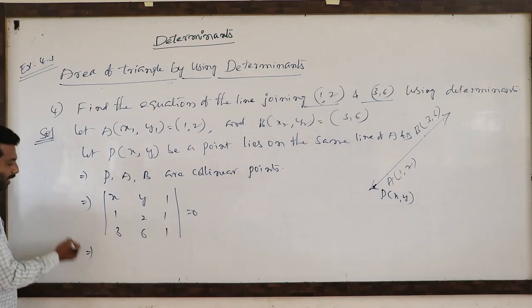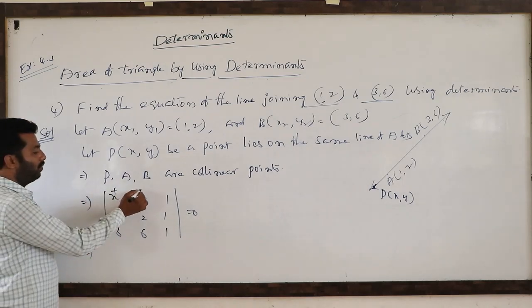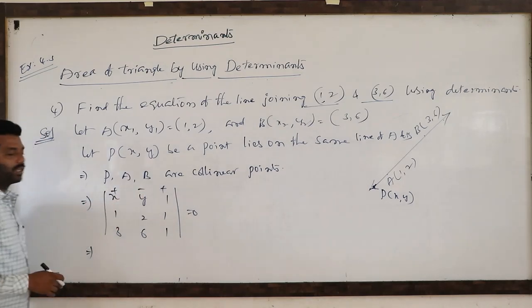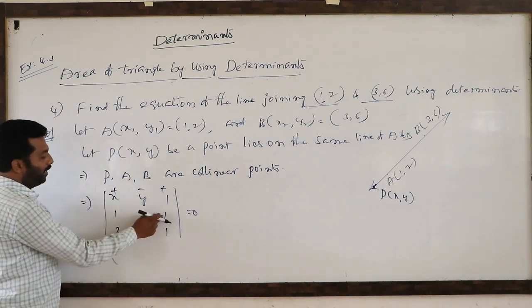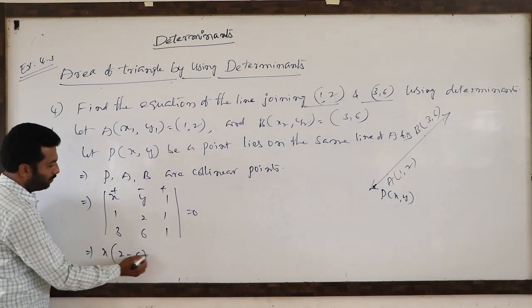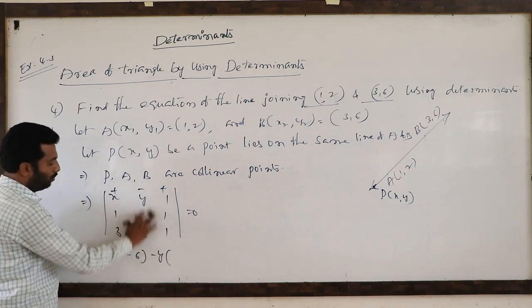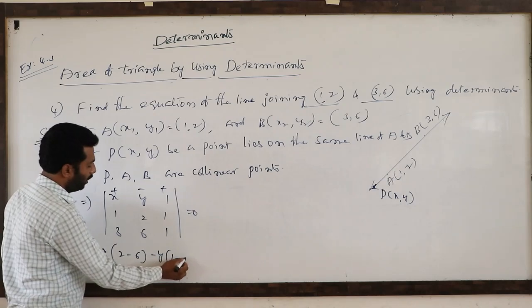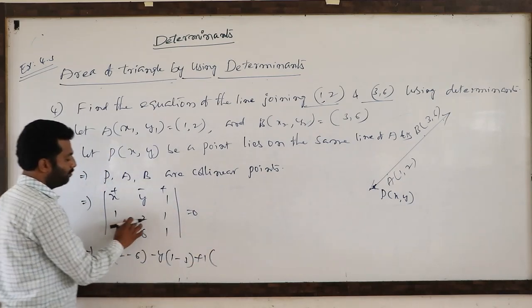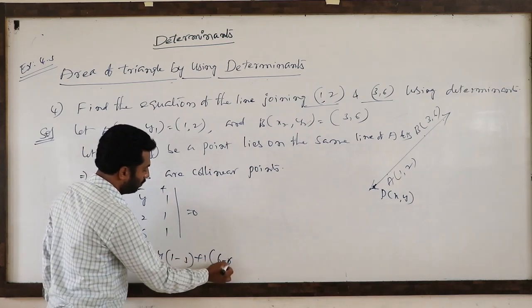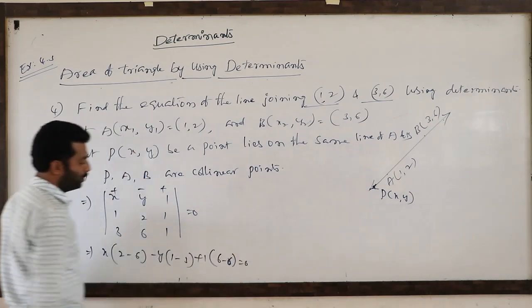You expand along first row or second row, whatever row or column you select, no problem. So x into (2 minus 6) minus y into (1 minus 3) plus 1 into (6 minus 6) equal to 0.